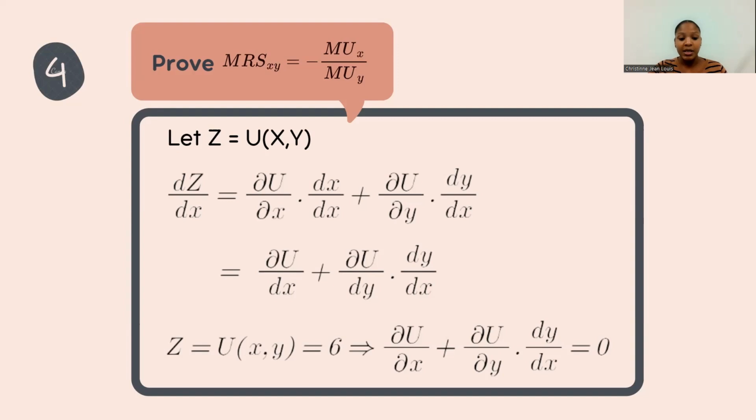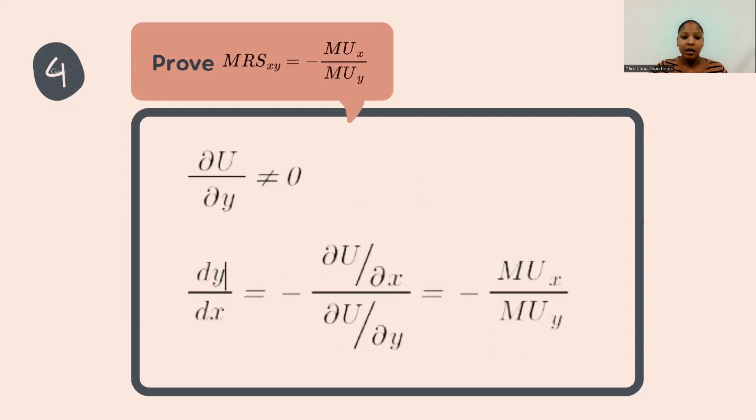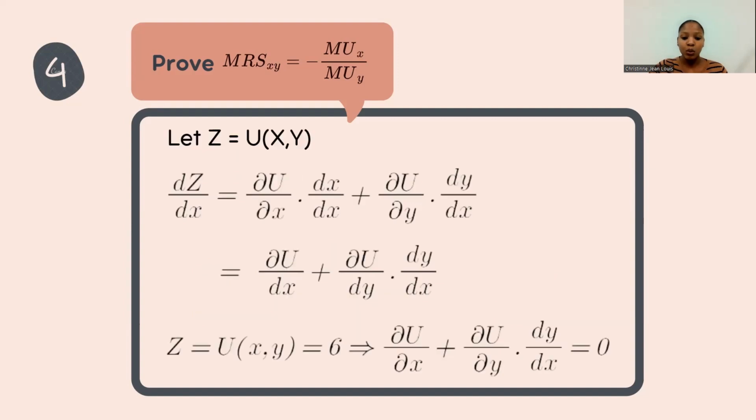So when we have z equal to the utility function of X and Y equal to 6, this implies that when we take the derivative of the constant, the partial derivative of U over the partial derivative of X plus the partial derivative of U over the partial derivative of Y times dy over dx will equal 0. And now we want to know the value of dy over dx.